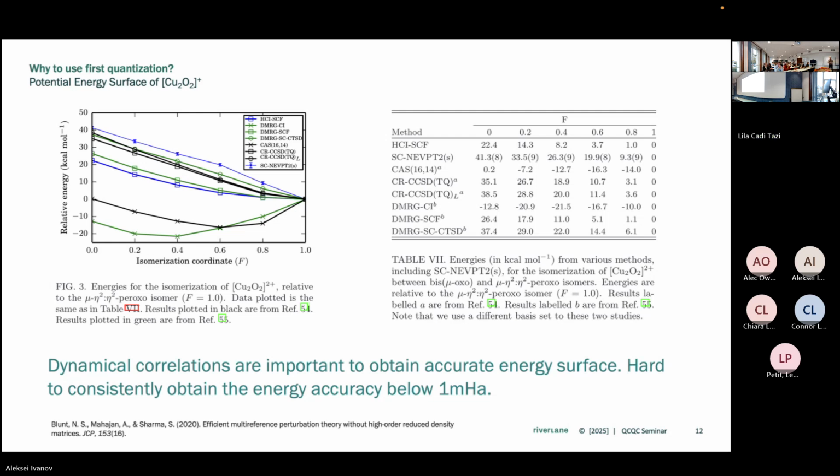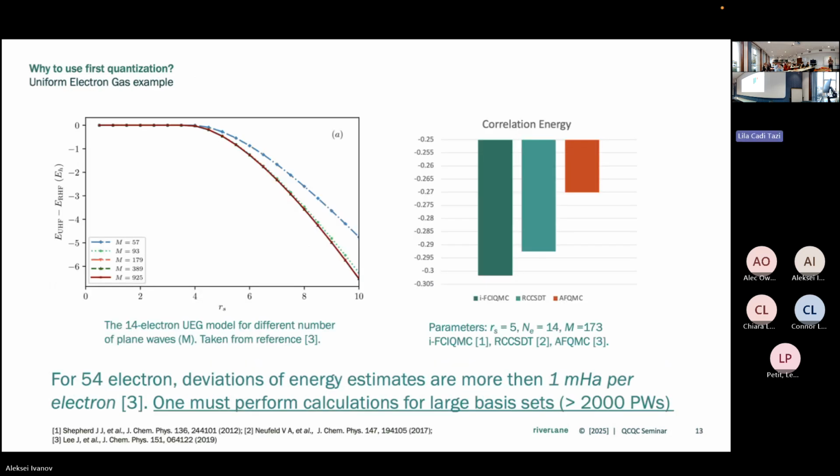All right, and then the next problem is more from periodic calculations. There is a system model called the uniform electron gas. It's basically electrons moving in a uniform positive background.